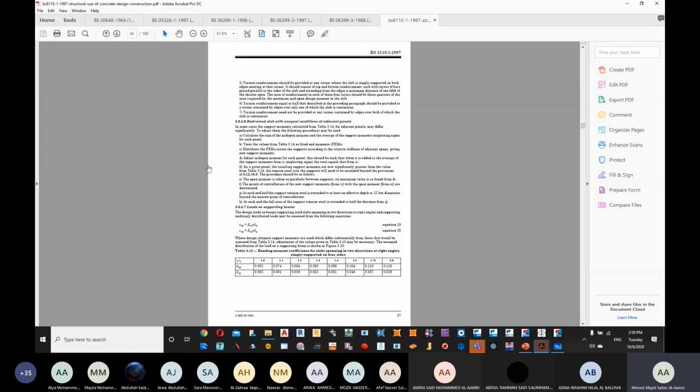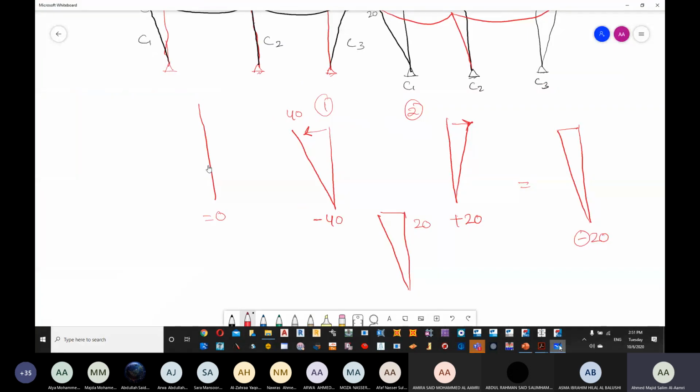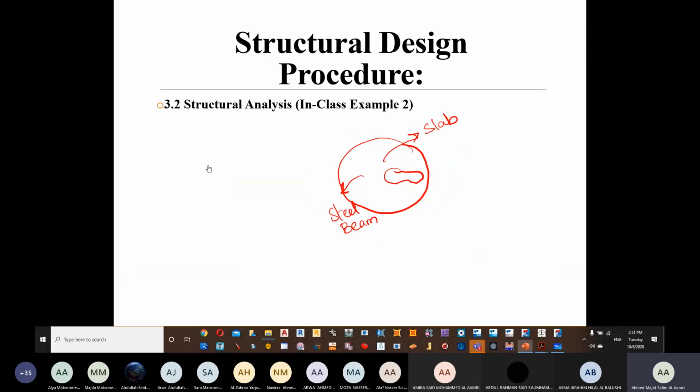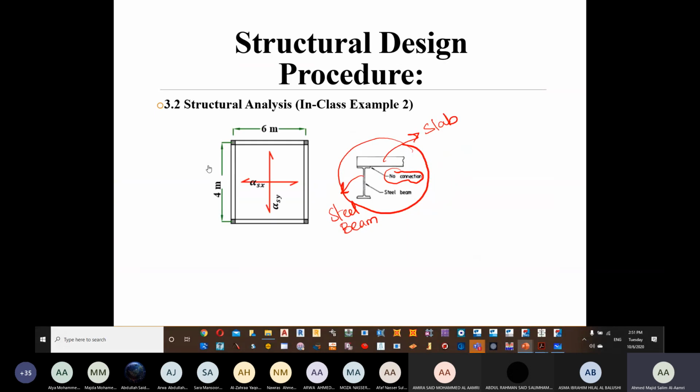Category number one is not connected. Instead of saying not connected, the BS code has called it a simply supported two-way slab.